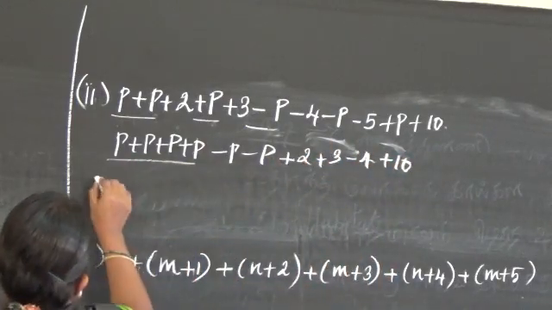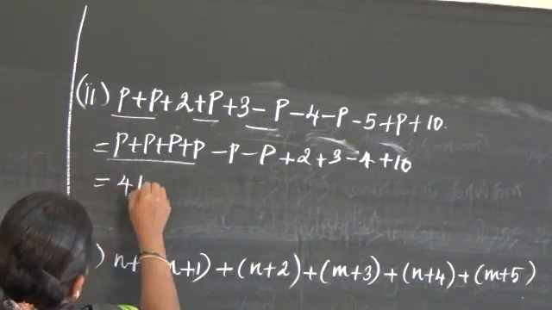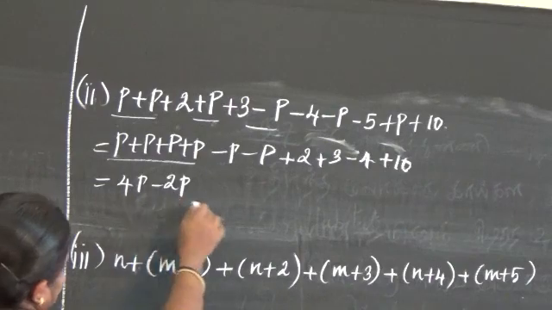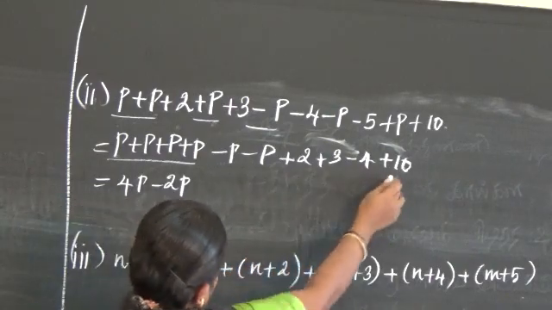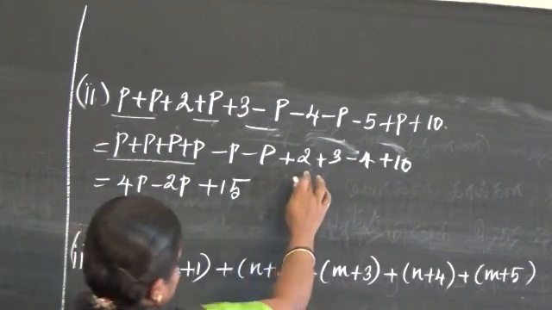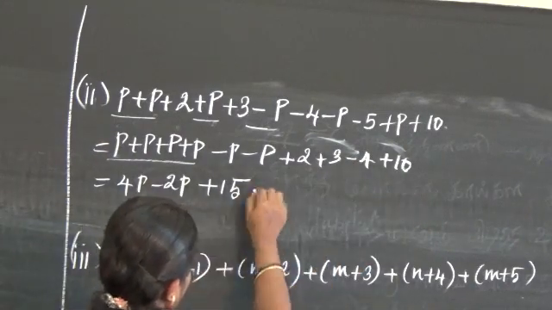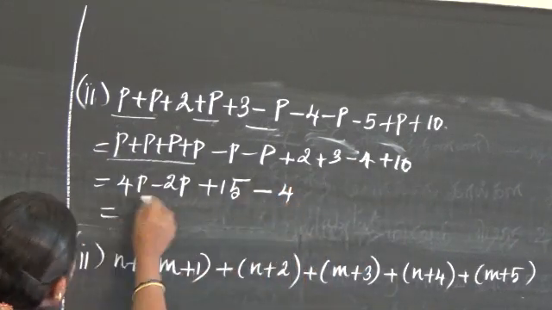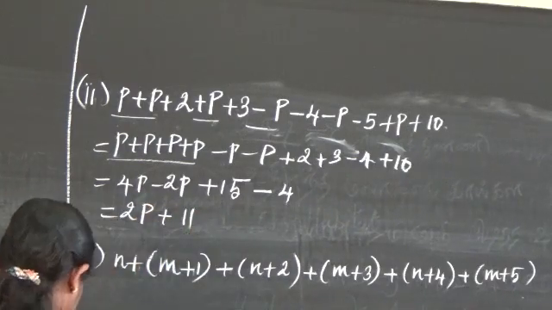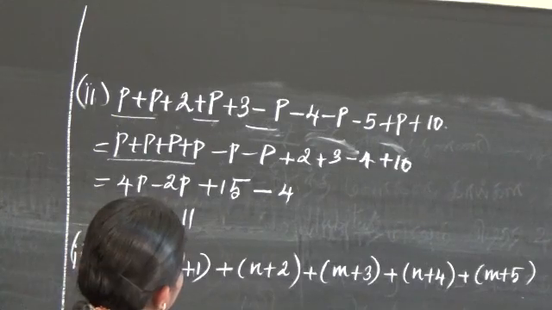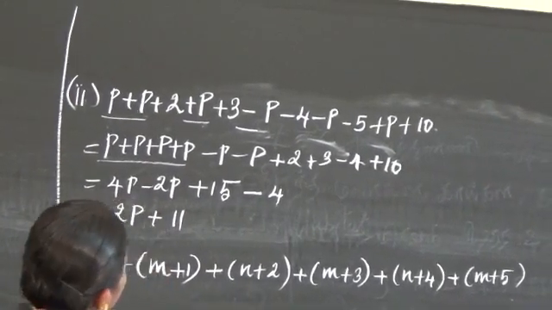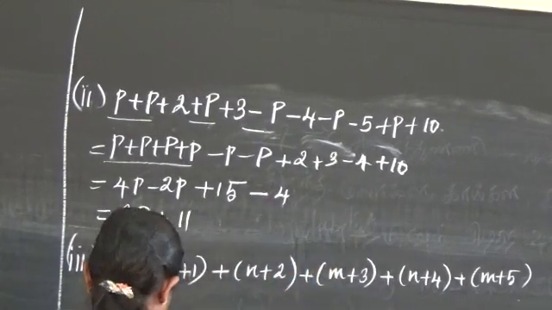If you are adding these p's, 4p, minus 2p. Here plus 2, plus 3, plus 10, like signs alone I am adding, 15, minus 4. Now 4p minus 2p, 2p.